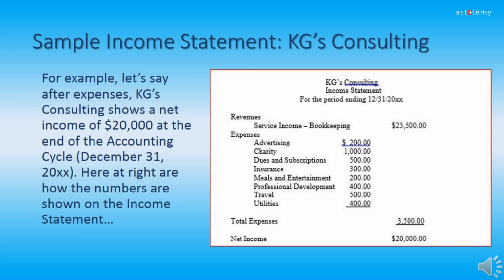As you can see, we had $23,500 in service income, which is our revenues, minus our expenses for various categories such as advertising, charity, dues, and subscriptions. You get the picture. We add up those total expenses, we subtract those out from our total revenues to arrive at our net income figure of $20,000.